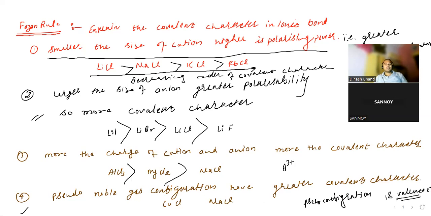So they are saying that if it is the pseudo configuration, like copper, you see the copper configuration. Copper is 29. How much is coming? 1s2, 2s2, 2p6, 3s2, 3p6, 3d10, 4s1.